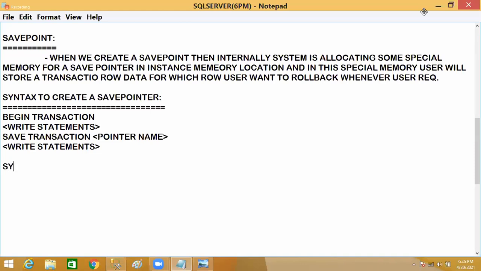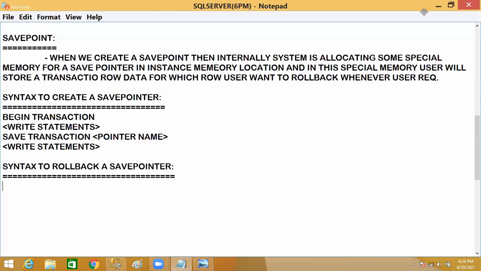Now for rollback, the syntax to roll back a savepoint: begin transaction, now give rollback transaction, and here I want to give the savepoint name. So these are the creation syntax of a savepoint, and also how to roll back a savepoint.